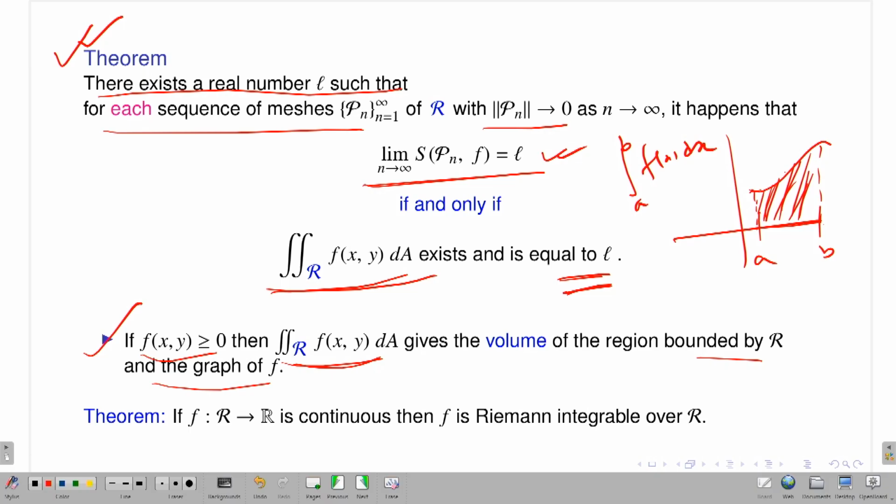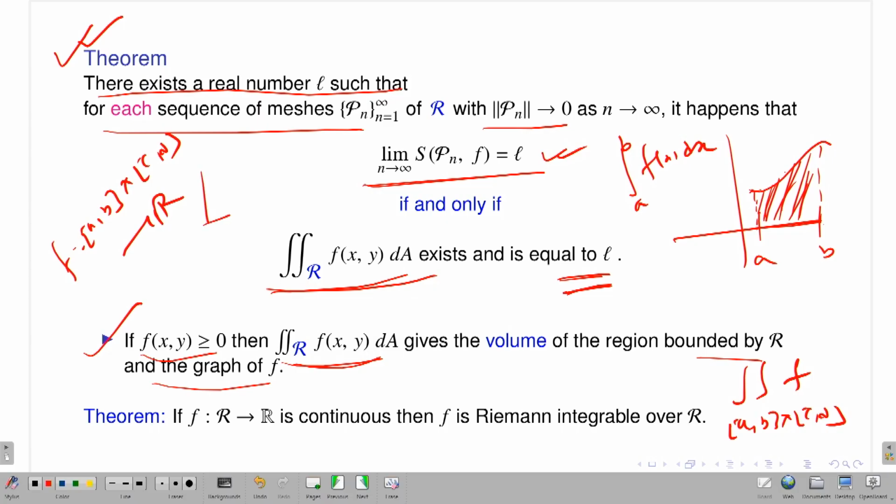Now, in the context of functions from [a,b] cross [c,d] to R, or say R2 to R, what is the meaning of the double integral over [a,b] cross [c,d] of f, if your f is positive and very nice? In that case you will have a 3-dimensional picture. What is the graph of f?